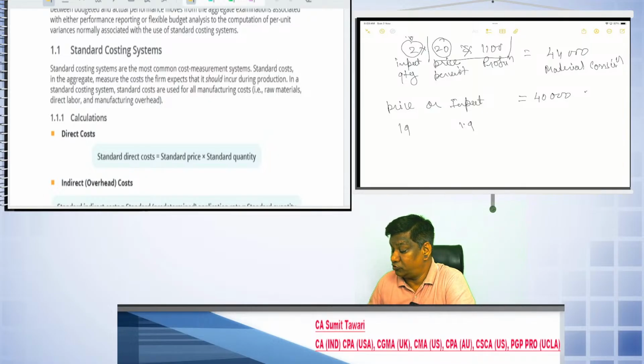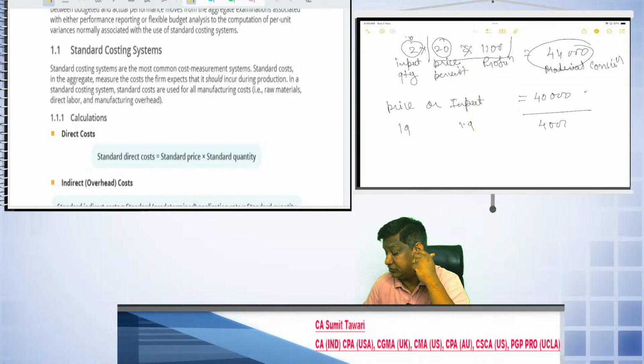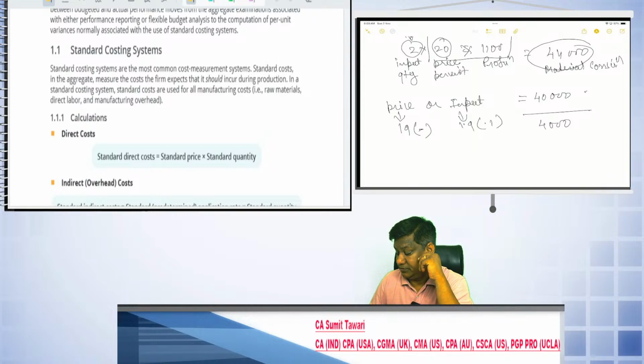Because of that, there is a saving of 4,000, because either we use less input or we purchase at a lesser price. Here minus 0.1, it is saving. Are you able to get it?